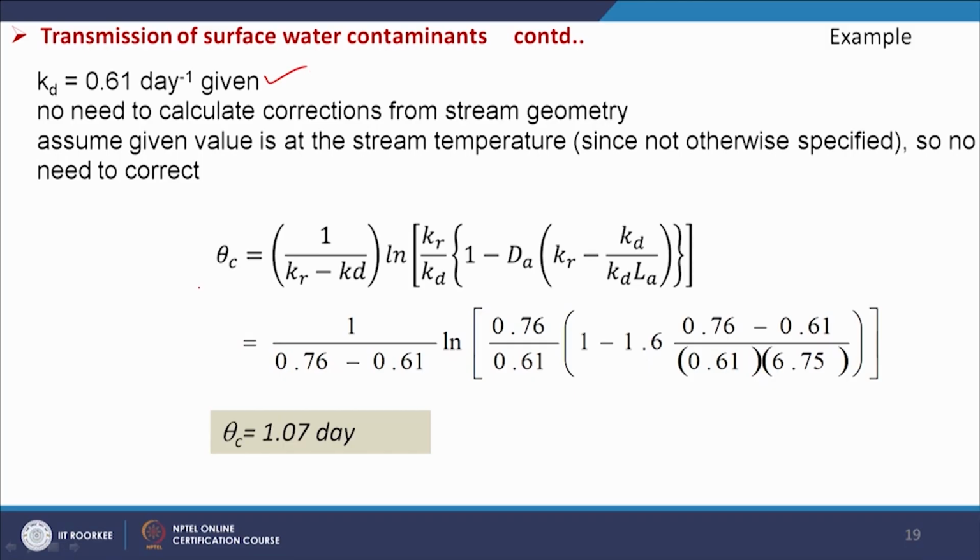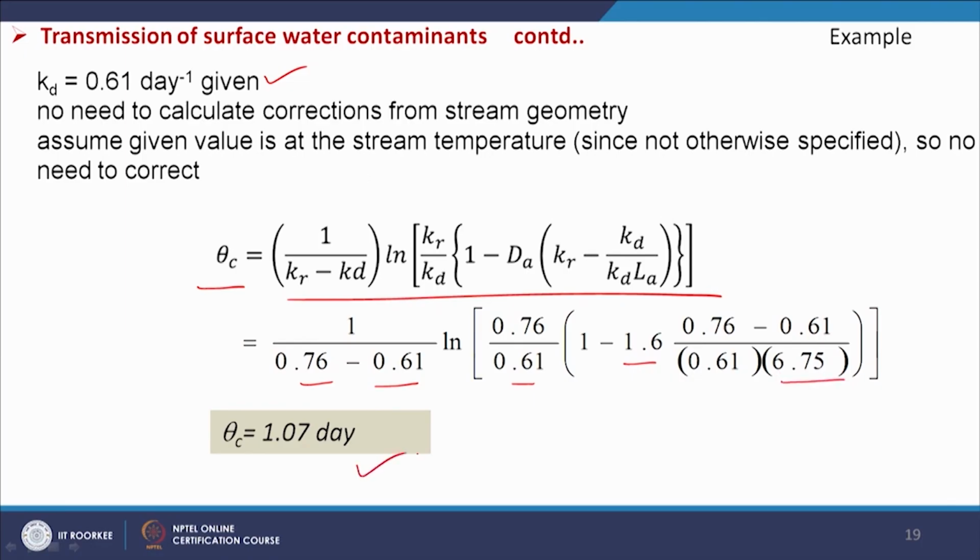So, to get theta c, we directly put the values in the expression which we have discussed: 1 by (Kr minus Kd), with Kr 0.76 and Kd 0.61, ln of Kr by Kd into (1 minus dA times (Kr minus Kd) by (Kd into LA)). dA, the deficit we calculated, is 1.6, and into this 0.76 minus 0.61 and 0.61 into 6.75.